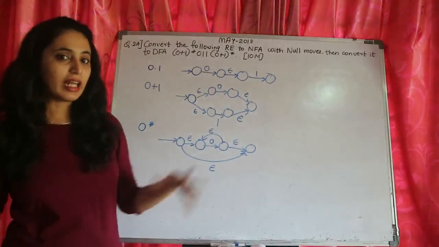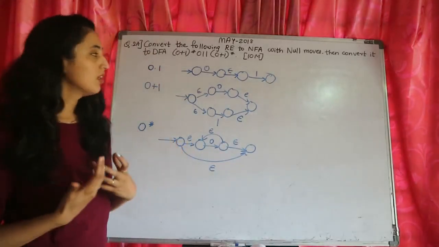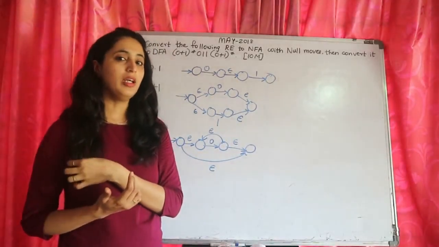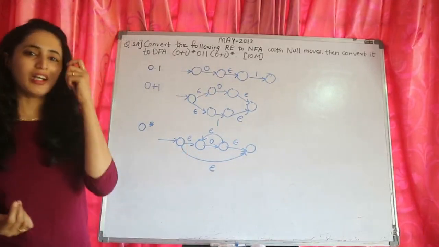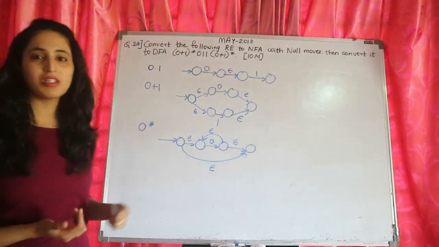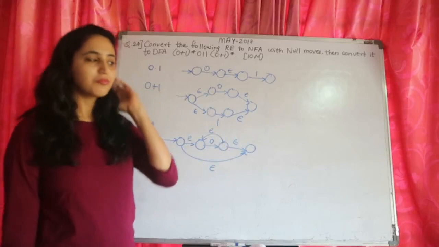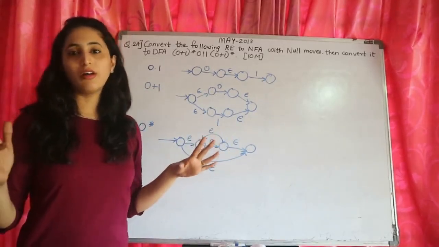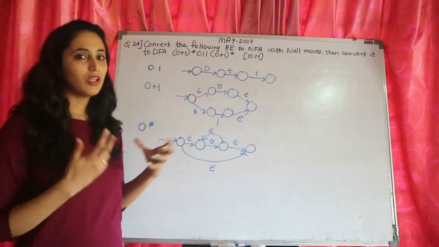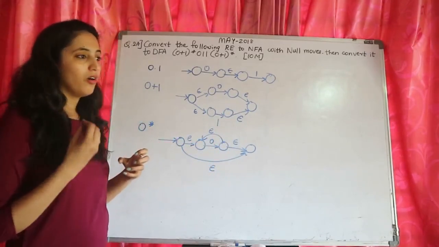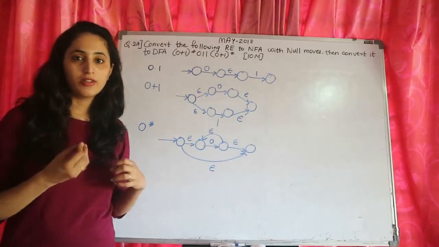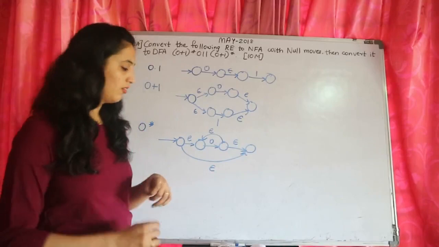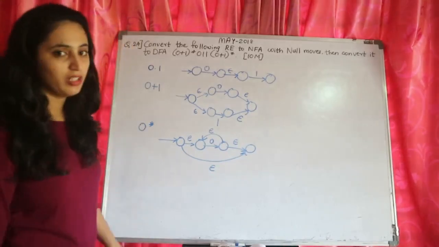So this is a very lengthy process, but it will really give you 10 marks if you solve it properly. When you are solving it, don't make any silly mistake, because even silly mistakes can result in a wrong answer. So see to it that you follow all these steps very carefully. Now let us start.